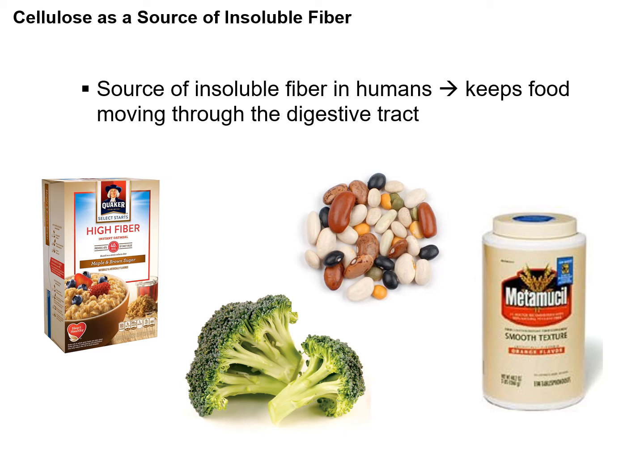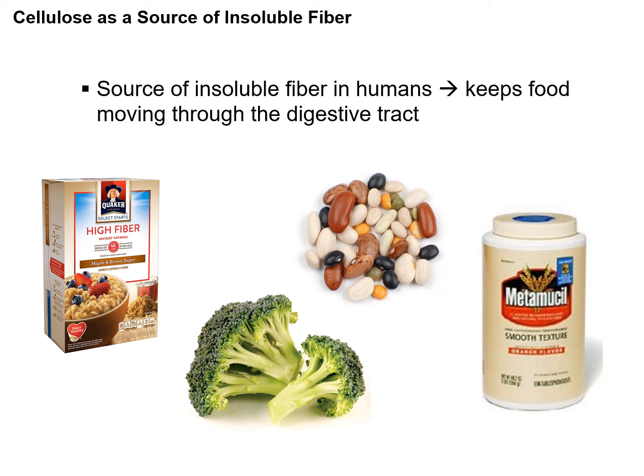In fact, almost all animals, including humans, cannot digest cellulose. Rather, the cellulose in our food passes through the digestive tract and is eliminated with feces. Now, while cellulose does not offer any nutritional value to us, it is a source of insoluble fiber in our diets.